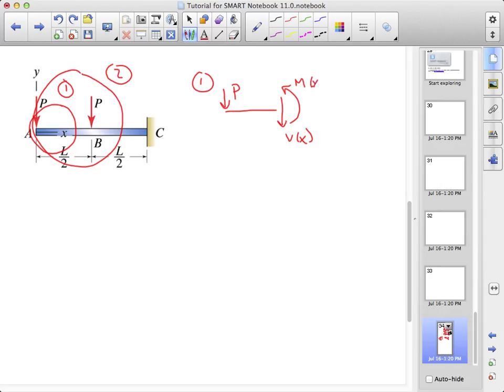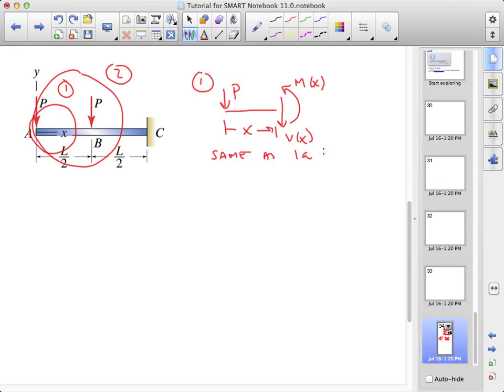Again, I'm going to ignore the axial force N from here on out. And we might note that this looks identical to the free body diagram we had in example 1a. We could go ahead and write our equilibrium equations again, but we would get exactly the same results as 1a. So I'm just going to say here that this is the same as 1a.